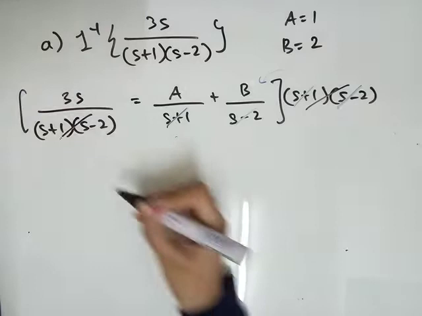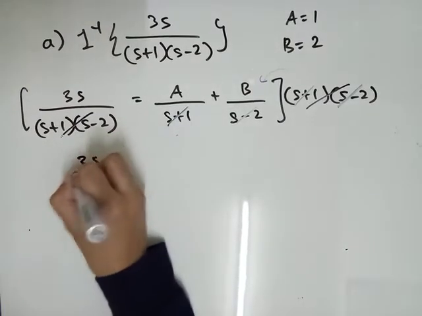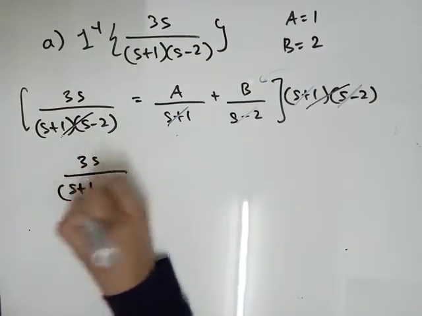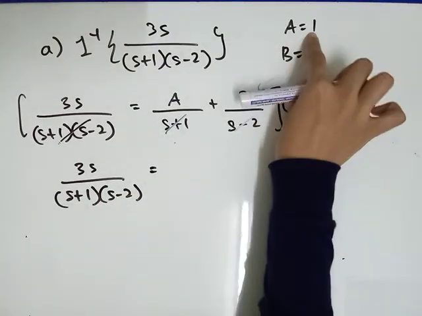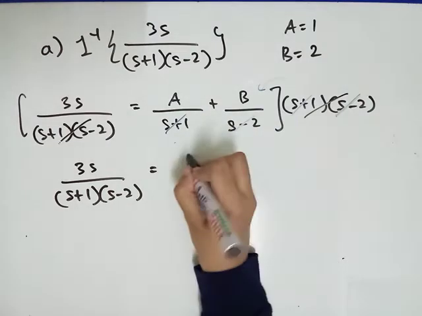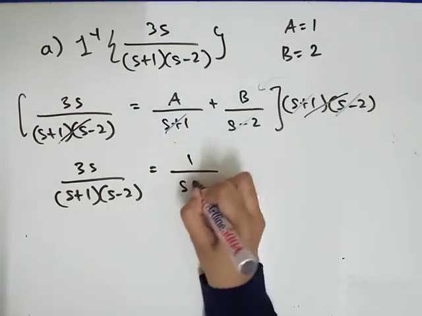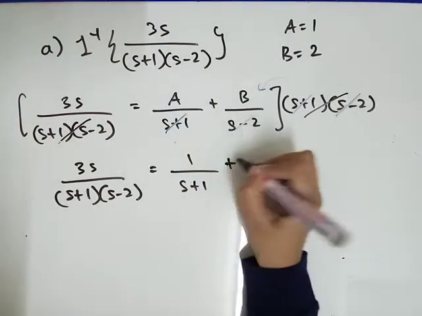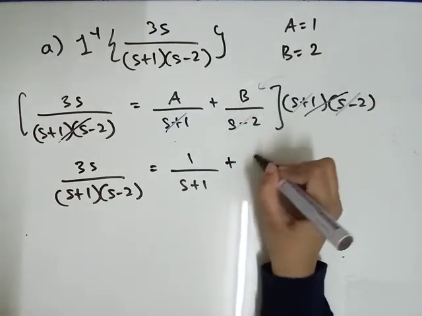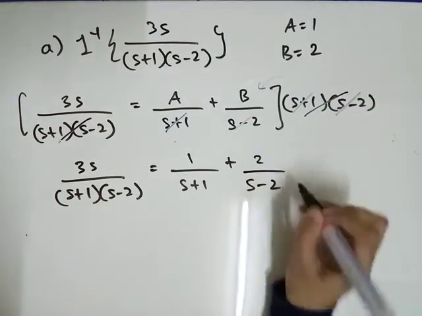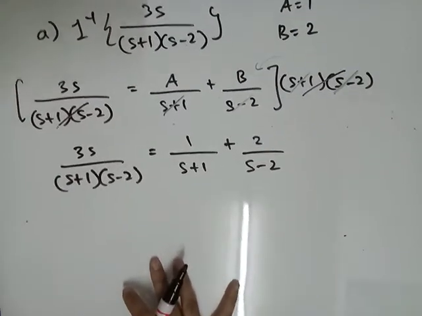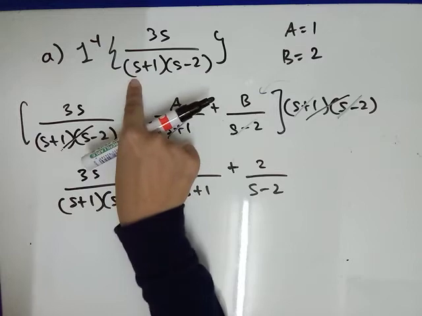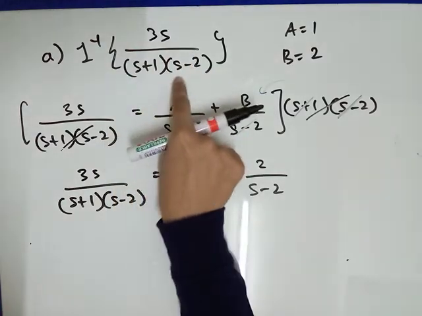Therefore 3s over (s plus 1)(s minus 2) equals, where A is 1, 1 over s plus 1, plus B is 2, 2 over s minus 2. Then we need to find the inverse Laplace of 3s over (s plus 1)(s minus 2).